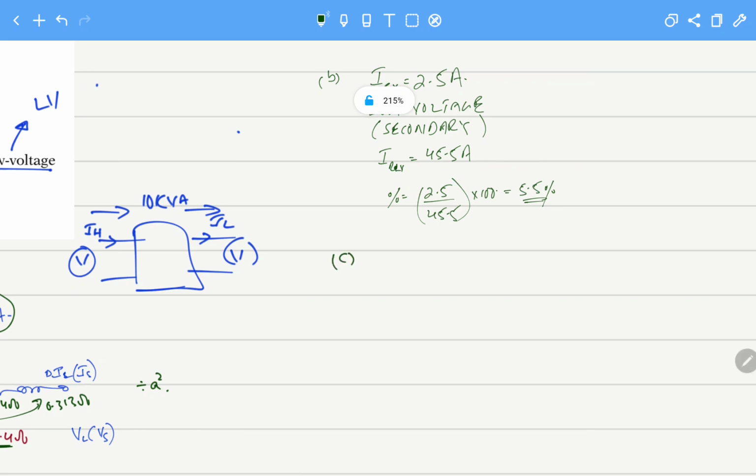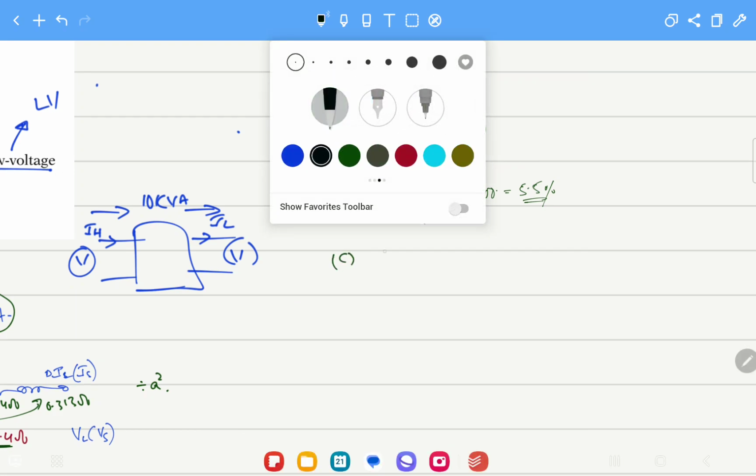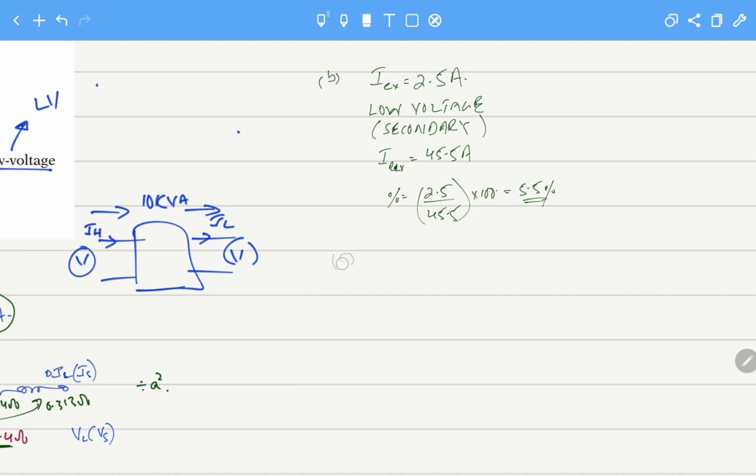So for part C, you can do it like this. Power factor for open circuit test will be cos theta equals POC over VOC times IOC. They have given you these values, and this will become 0.182, and it is of course always lagging.